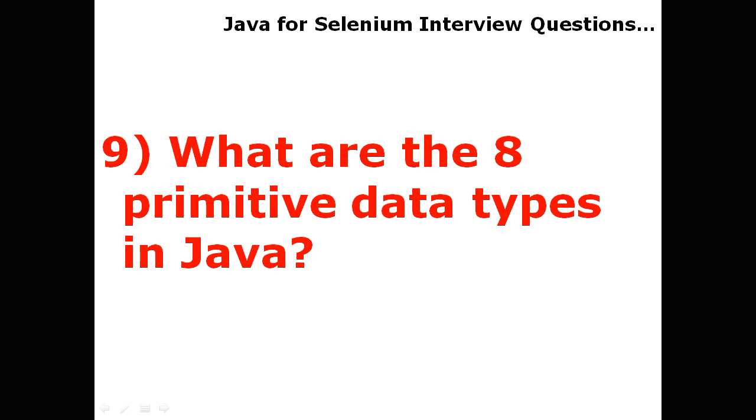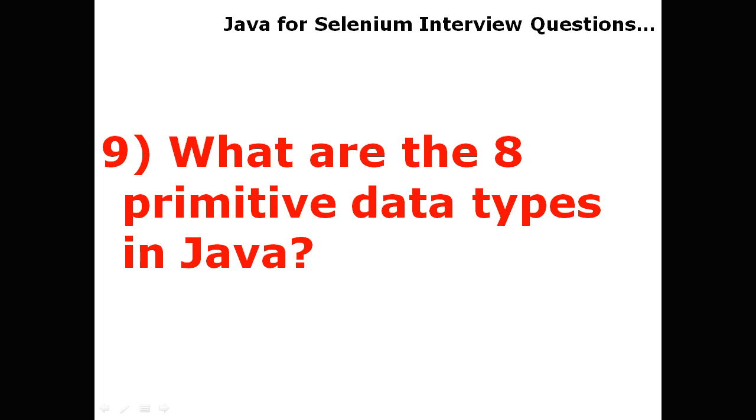Next, second subcategory, real data types: numbers with decimal places. One is float, second one is double. Next, third subcategory of primitive data types of Java, characters.